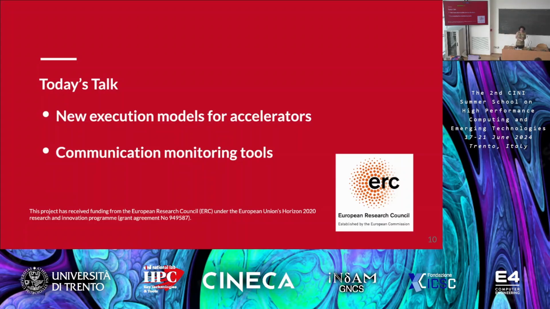The first one is a new execution model for accelerators, to address the latency coming from the network and data transfers, related to control paths and data paths. The second is, because data movement and communication play an important role in performance, can we develop better tools to visualize and monitor the data movement activities among GPUs?